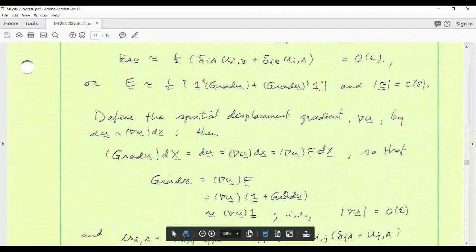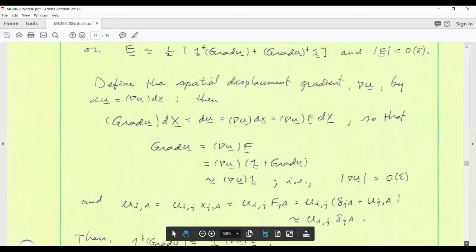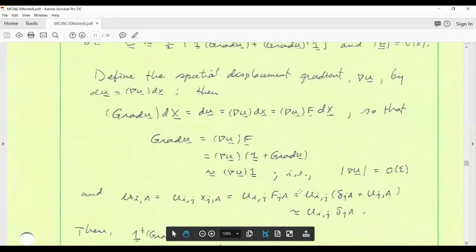We're neglecting capital G grad U in comparison to the shifter. Then this capital G grad U is approximated in this way in terms of the spatial displacement gradient multiplied on the right by this shifter.